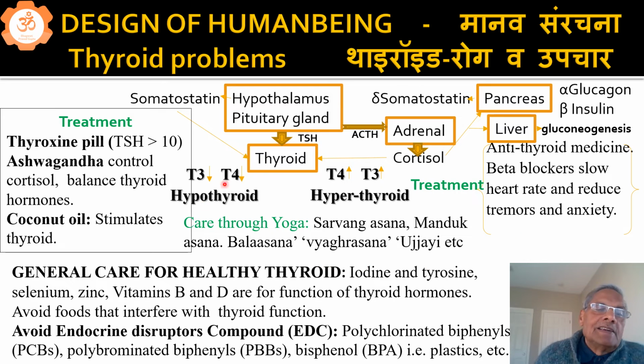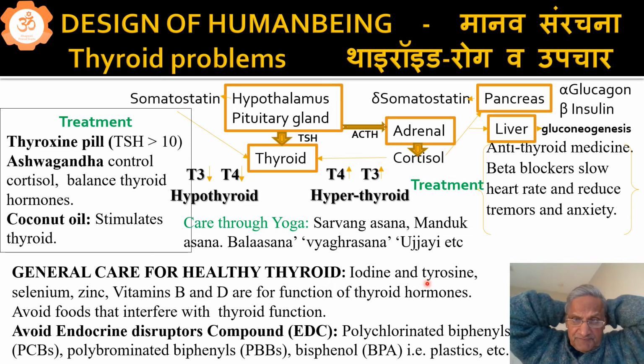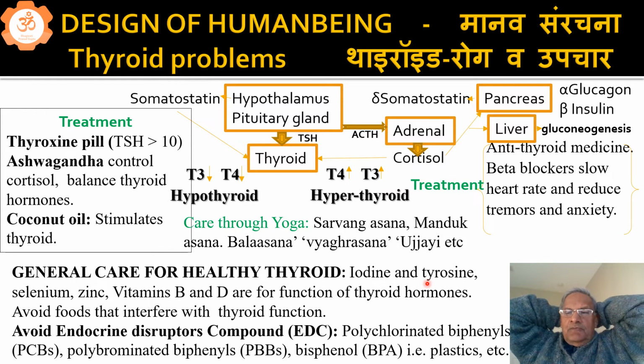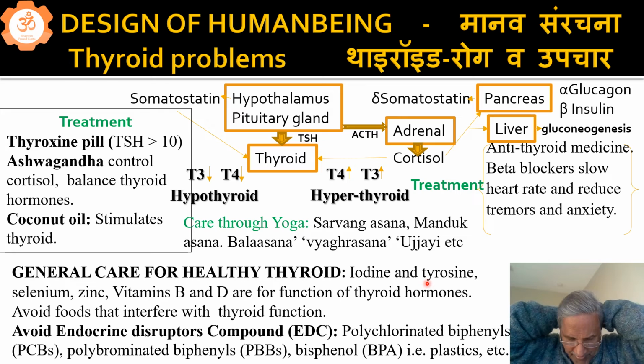Now why do all these thyroid problems come? What should we do? What general care should we take? There's a very simple exercise: cross your palms and put them behind your head, press, and then take it downward and press your neck.